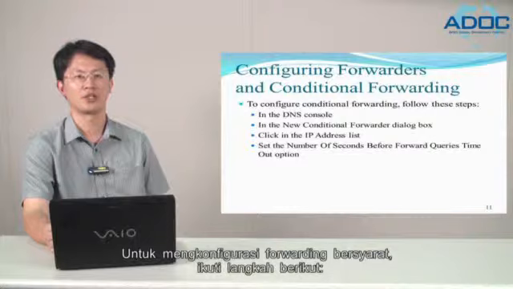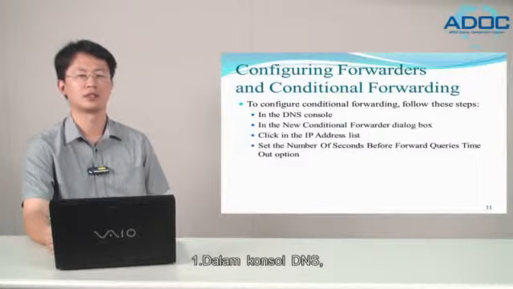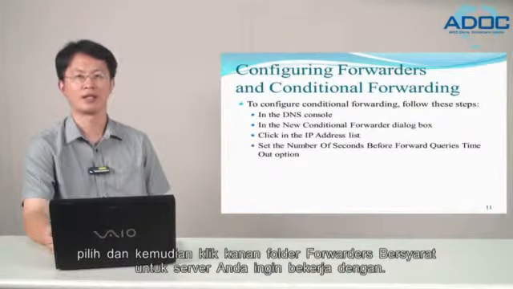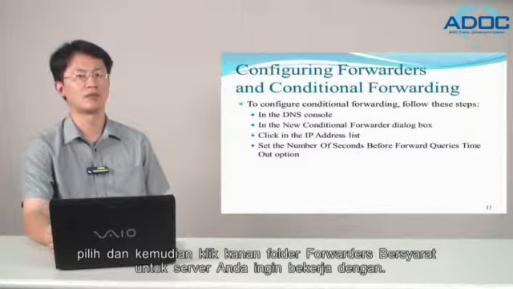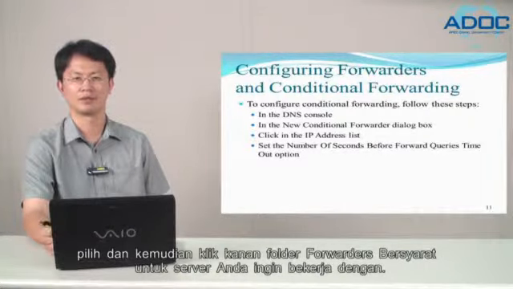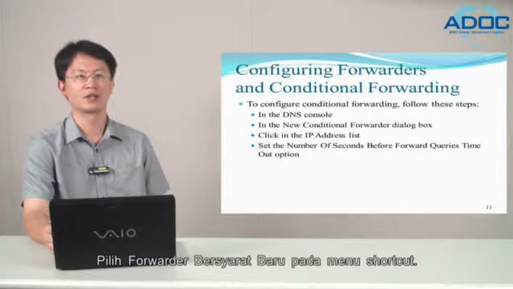To configure conditional forwarding, follow these steps. First, in the DNS console, select and then right-click the Conditional Forwarders folder for the servers you want to work with. Select New Conditional Forwarder on the shortcut menu.